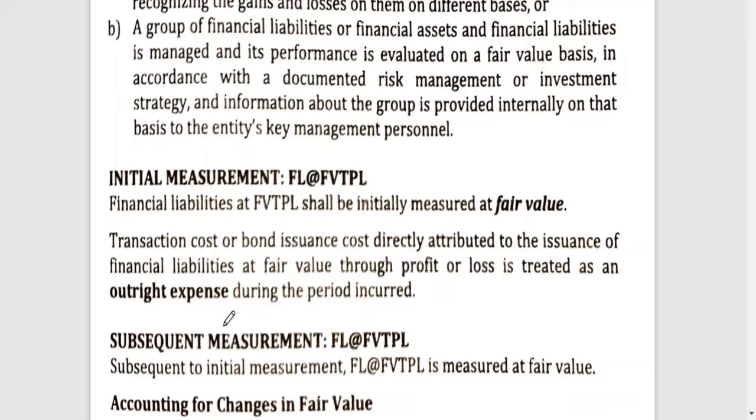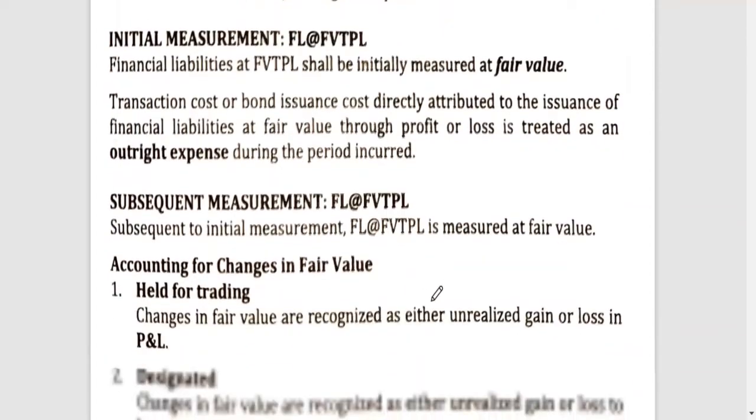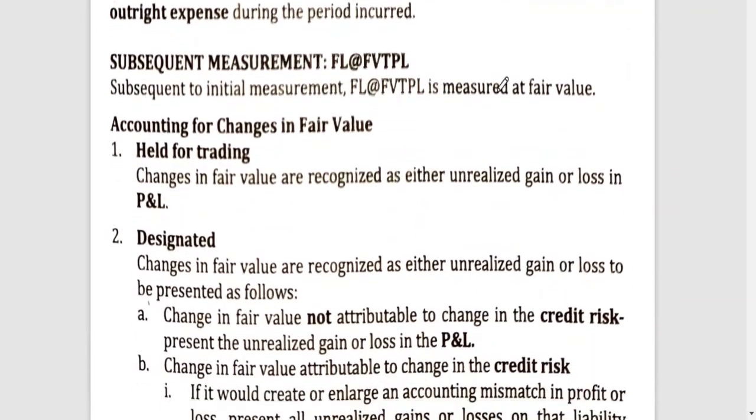Subsequent measurement, meaning after the initial measurement, you're going to measure the liabilities at reporting date. So the financial liabilities at FVTPL will be measured at fair value, and you have to account for the changes in fair value because remember, this is at FVTPL, so at fair value through profit or loss.